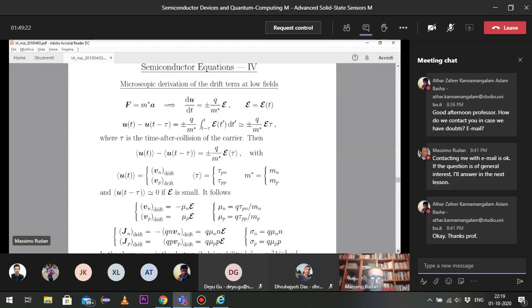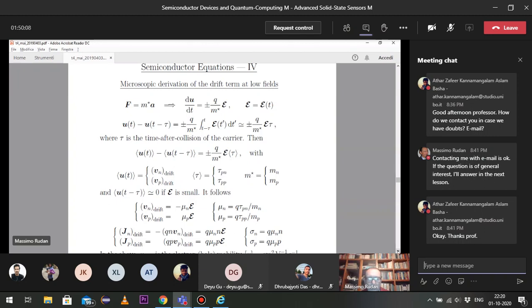This velocity u that you see in the middle is the velocity of the individual particle, electron or hole, not an average velocity, okay? So we have du over dt, and then we remember that electrons are negative, so the force produced by the electric field over an electron is minus q times the electric field. If we are considering a hole, the force will be positive, plus q electric field. So with the double sign, we consider at the same time the electron or the hole.